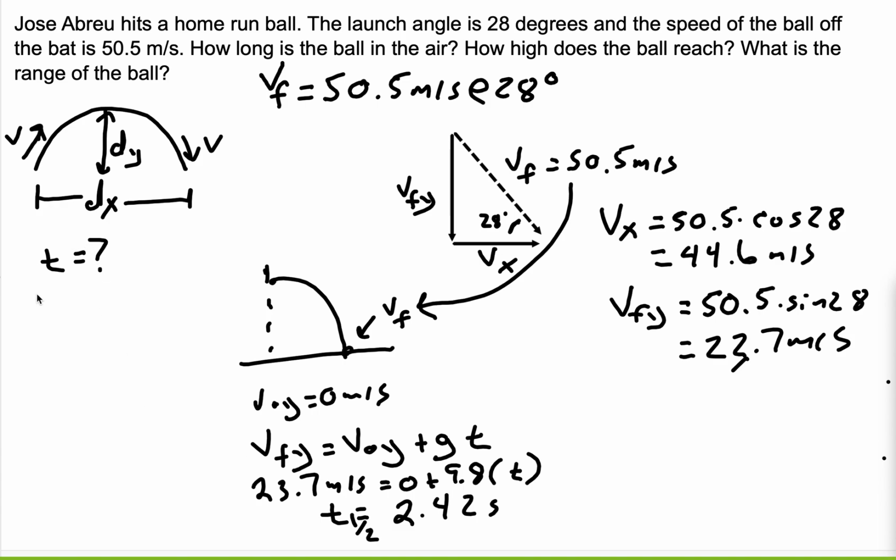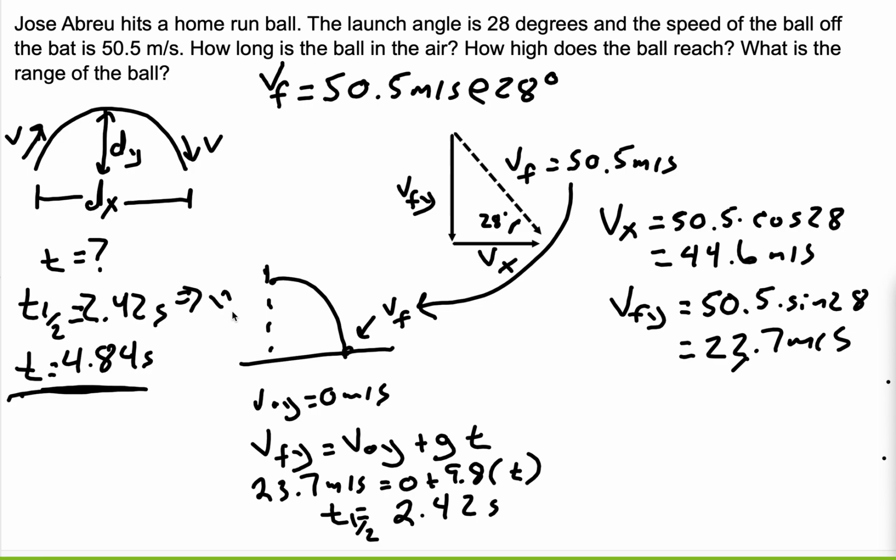So if half of the time was 2.42 seconds, that means the total time in air was 4.84 seconds. It took 2.42 seconds to rise up to the peak, and then another 2.42 seconds to fall and hit the ground. We use half of the time anytime we're solving for y.